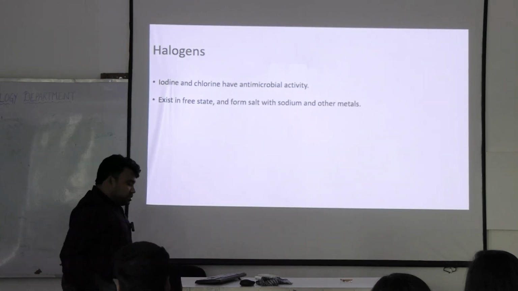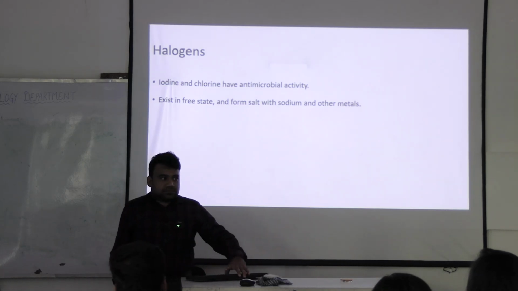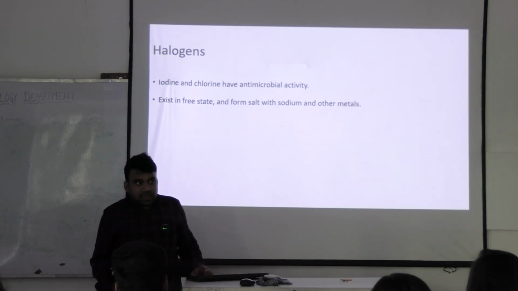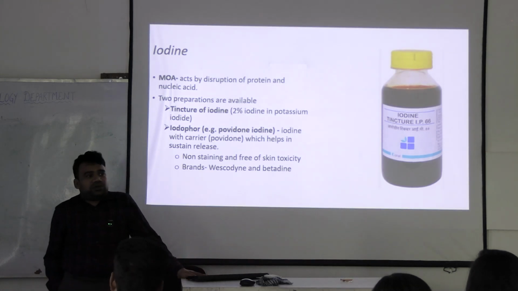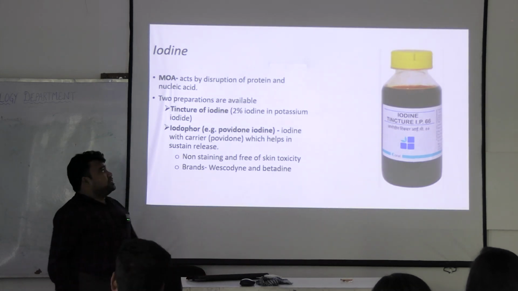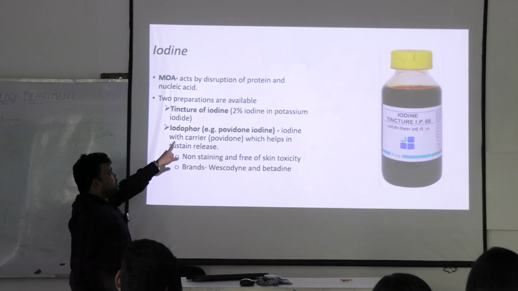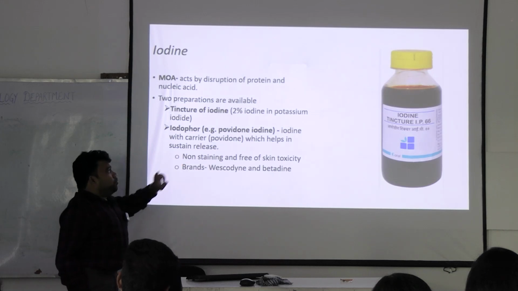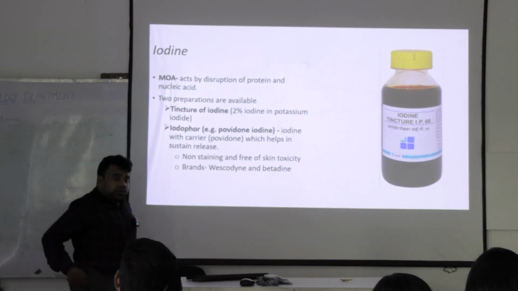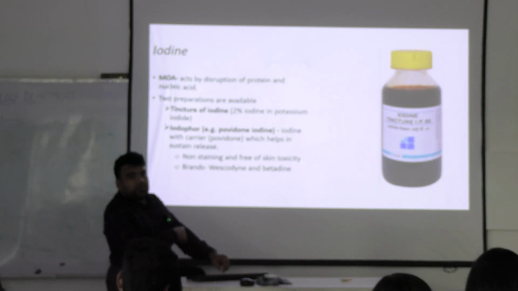Next comes halogens. What are halogens? So commonly used halogen is iodine, tincture iodine. So how does it act? There are two types. One is tincture iodine, which contains 2% iodine, and another is povidone iodine. The tincture iodine is used for antisepsis of skin before doing any process.